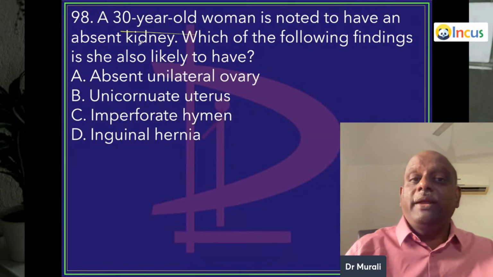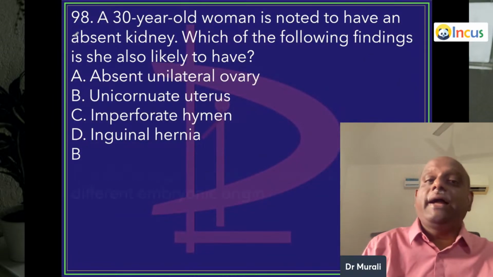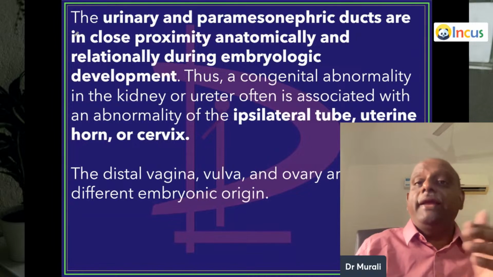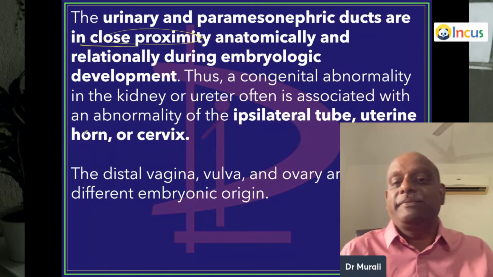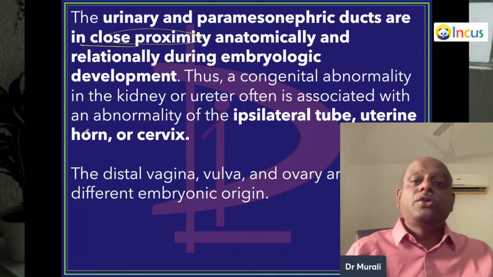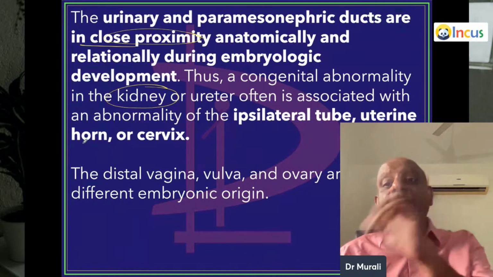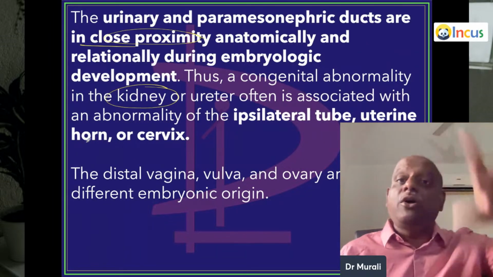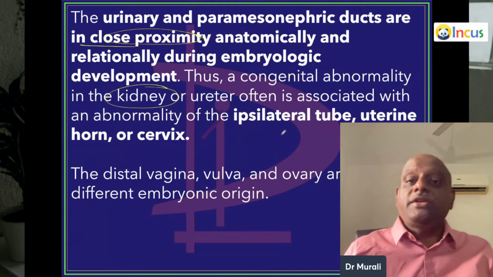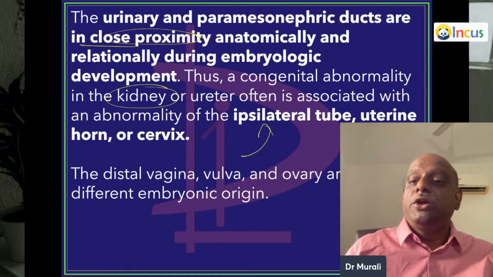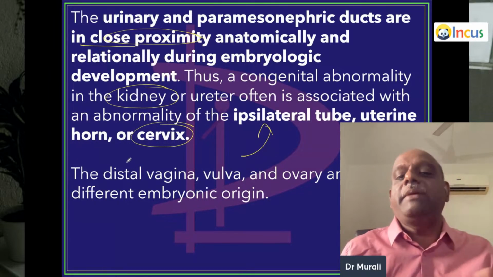Now, 30-year-old woman has an absent kidney. So you should know that urinary and paramesonephric ducts are in very close proximity, embryologically related. So any abnormality of the urinary system leads to genital system abnormality of all those structures arising from the paramesonephric ducts. That's the reason ipsilateral fallopian tube, uterine horn, or cervix, any of them can be abnormal.